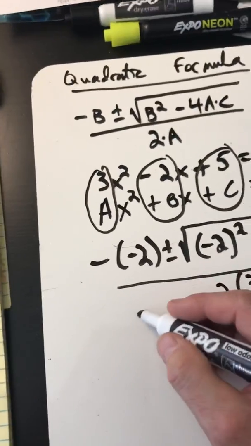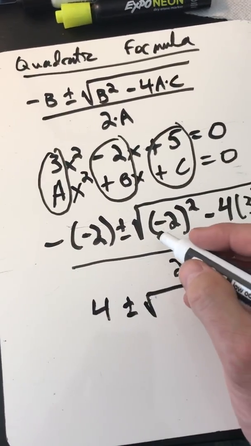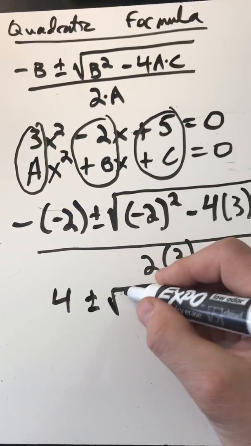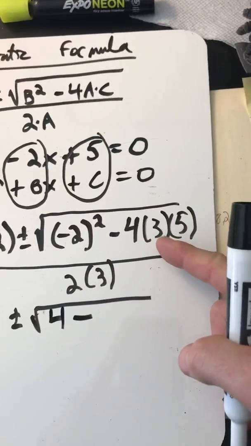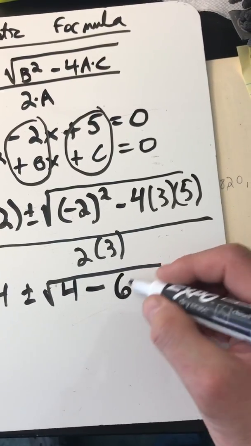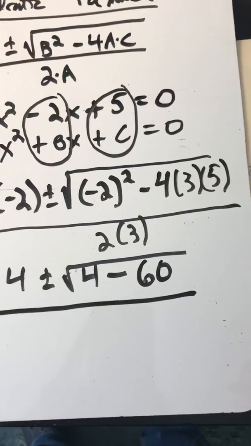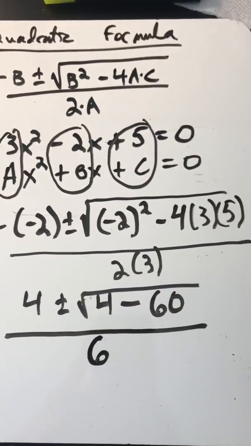So negative b is 2, not 4, plus or minus the square root of negative 2 squared. That's negative 2 times negative 2, which is positive 4, minus 4 times 3, 12, times 5, 60. All over 6.